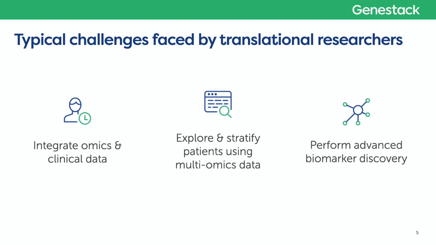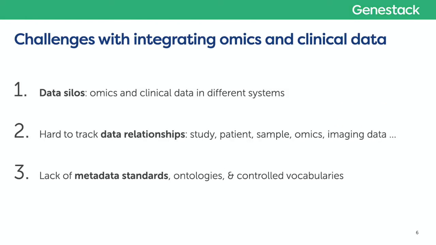The first one is how to integrate omics and clinical data. The main challenge here is data silos, where different omics data types and clinical data are organized in different systems and managed by different departments. And the second challenge typically is around vertical data integration, around how to connect different data types.